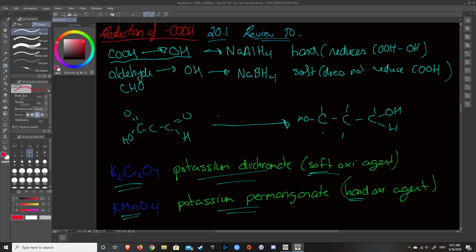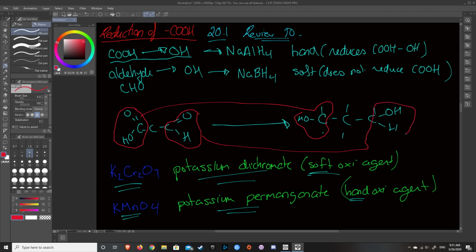Organic chemistry is just the chemistry of functional groups. So we've got one here and one here, and we draw what they turned into. This one turned into an alcohol, and this one turned into an alcohol. So we've reduced both of them. If we've reduced both of them to an alcohol, it means we must have used a hard reducing agent. So in this case, you would have used sodium aluminium hydride, and you'd have the answer right. You'd know what reagent you needed to use to reduce both of these.